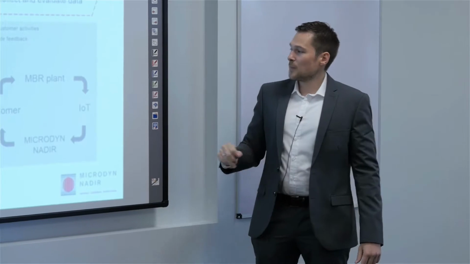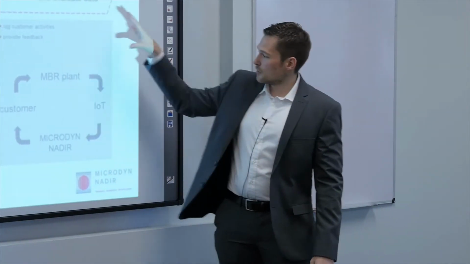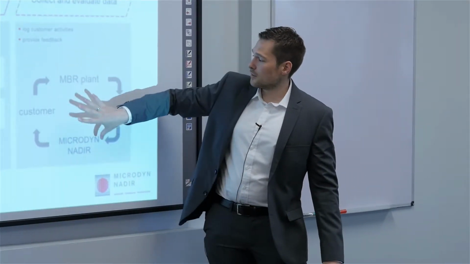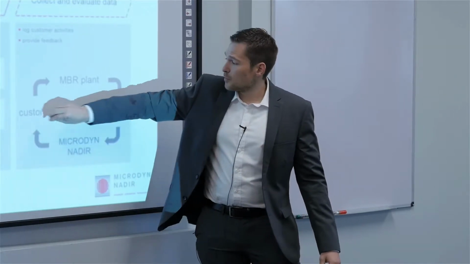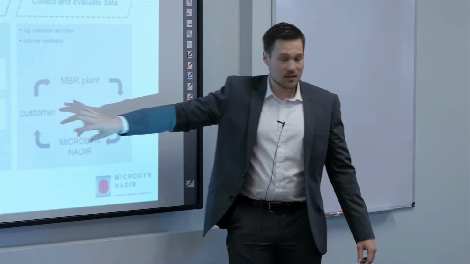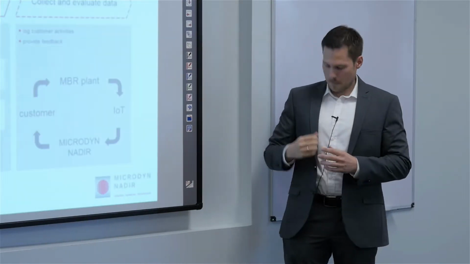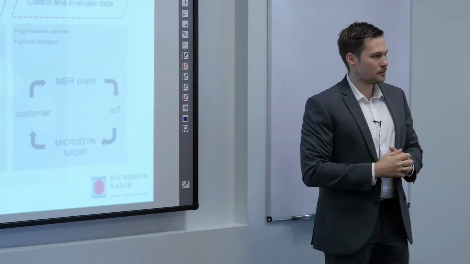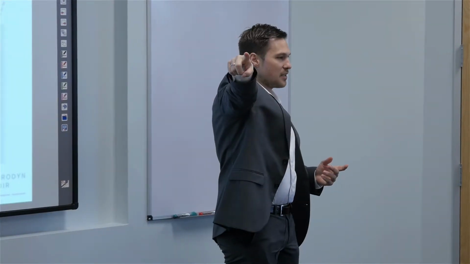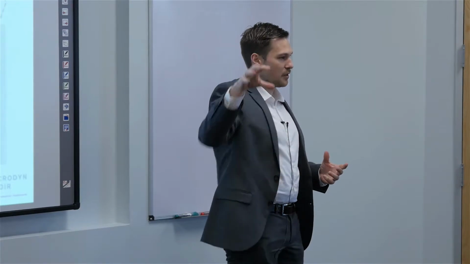This is visualized, and we can have access to the data. In the future the focus should be that we improve the value to the customer, and that we have a good running MBR plant in the end. So you have individual TMP for each filter? Yes, so it would be this size, over 5,000 square feet, and this can then be tracked on each of these modules. This is what we are testing already over here.